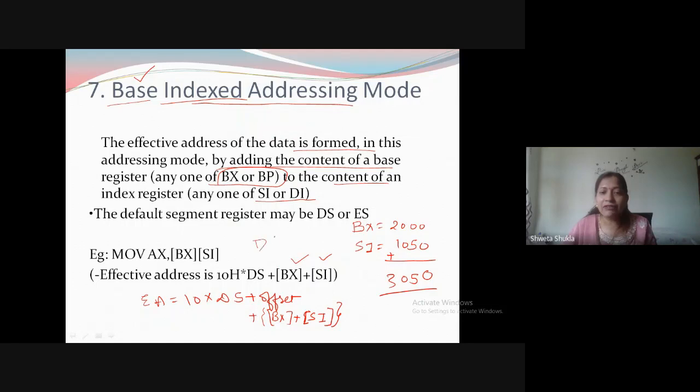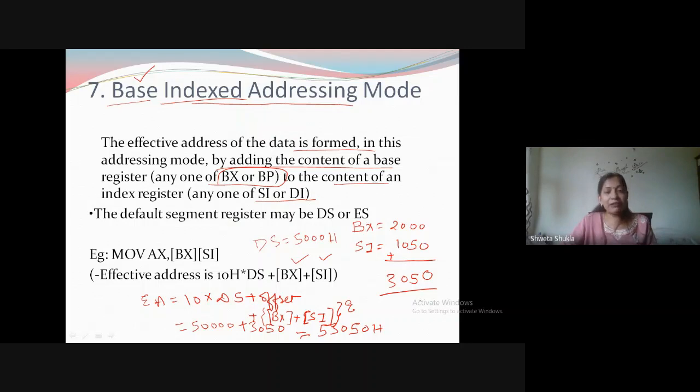Again if I say that the value of DS is 5000, what will be the effective address as per this particular formula? 10 into 5000 will become 50,000 plus 3050. So your effective address will turn out to be 53050H.